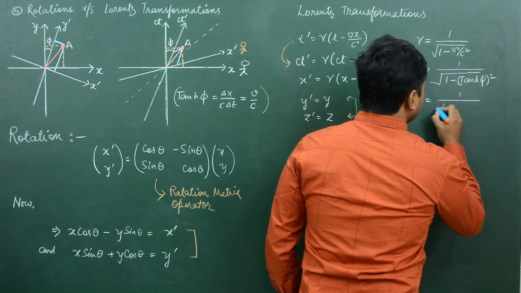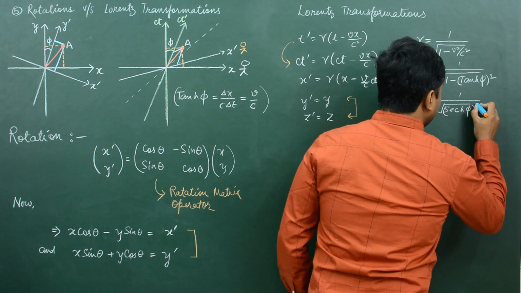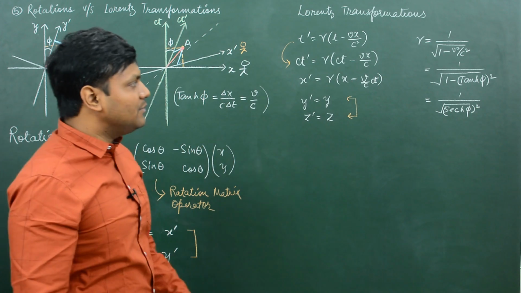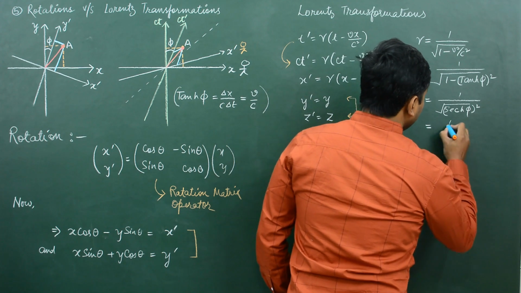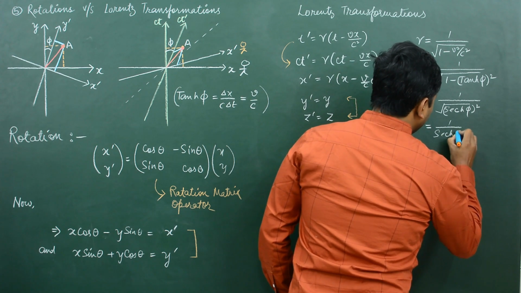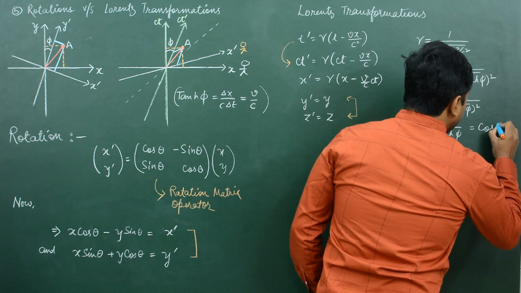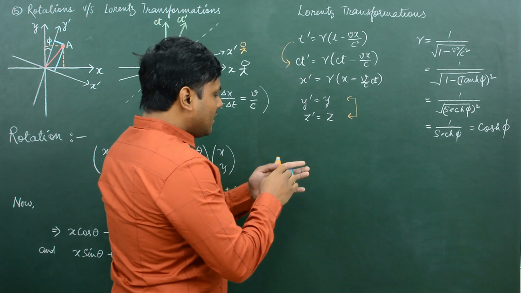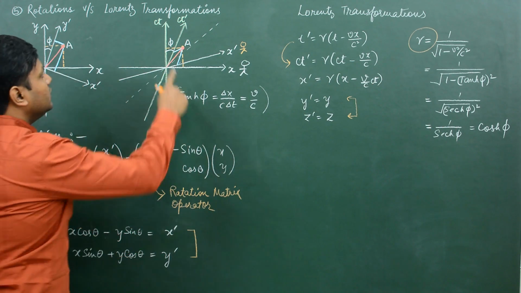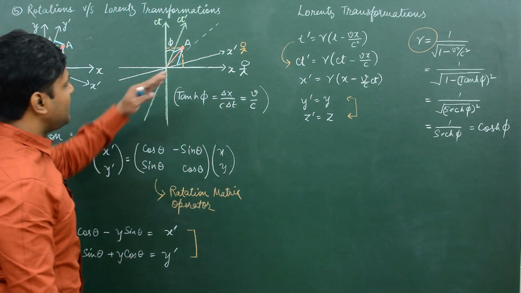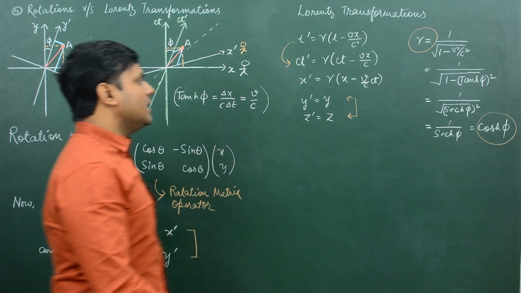That is nothing but root over sech square phi, which is 1 upon sech phi, and 1 upon sech phi is nothing but cosh phi. So the gamma factor in the Lorentz transformations is related to this particular angle in the space-time diagram by gamma is equal to cosh phi.